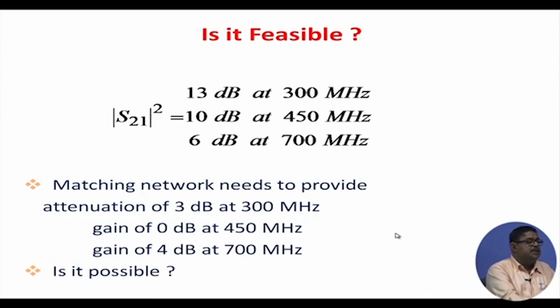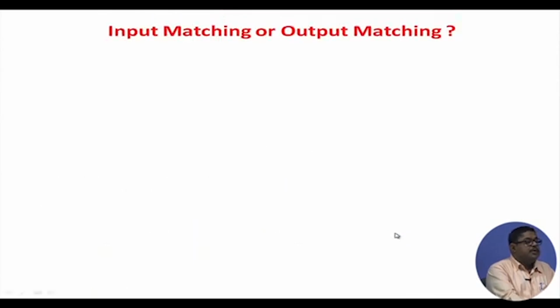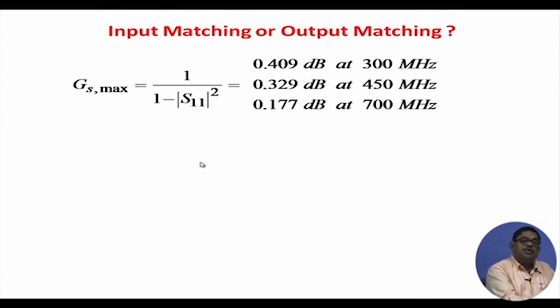Now, is it possible? Let us see. We know how much gain I can get from the source side; in the lecture on specified gain we have seen that the maximum gain I can get from the input side is given by this. From the tabulated S11 values I can see that I can squeeze out from the input side 0.409, or this and this.